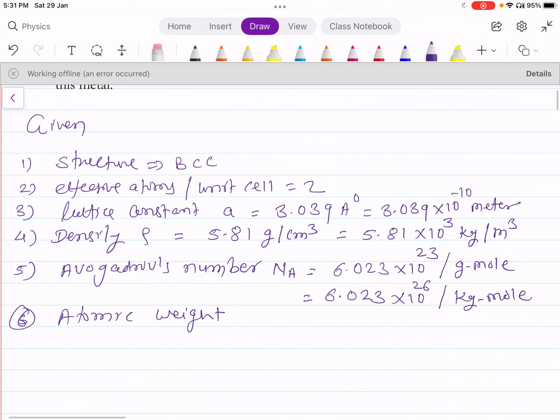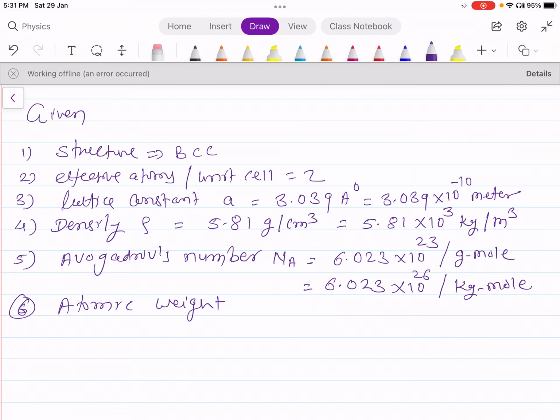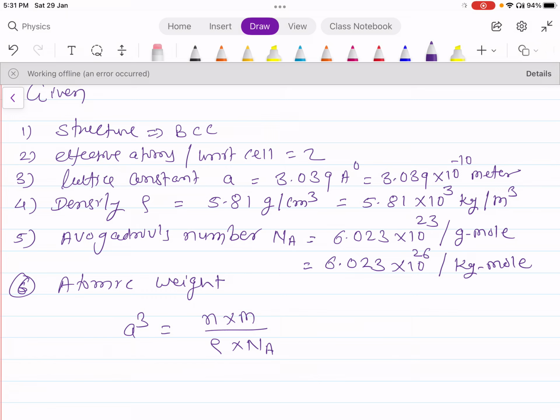Now the formula which we're going to use for this sum is A cubed equals N into M divided by rho into Na. Na is Avogadro's number. In this formula, A is the lattice constant, N is the number of atoms per unit cell, M is atomic or molecular weight, rho is the density.